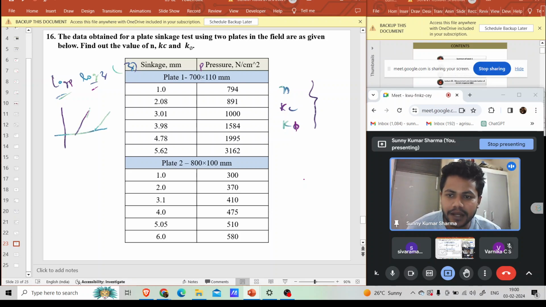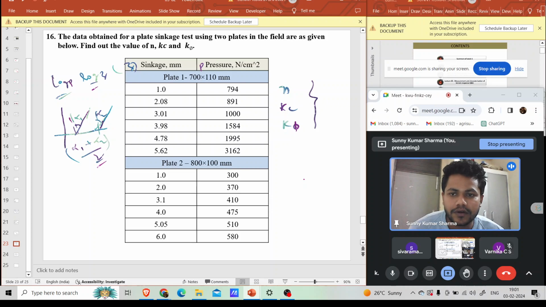If the curves are parallel, then that alpha is directly our exponent of sinkage n. And if the curves are not parallel, then we will take the average of two or more curves. If suppose this is alpha 1, this is alpha 2, then alpha 1 plus alpha 2 by 2 will be our exponent of sinkage.